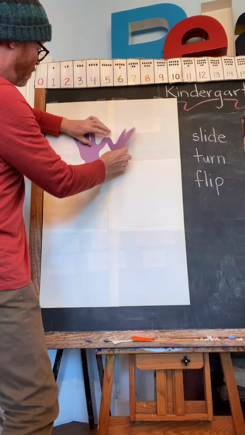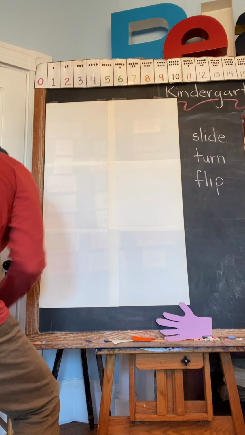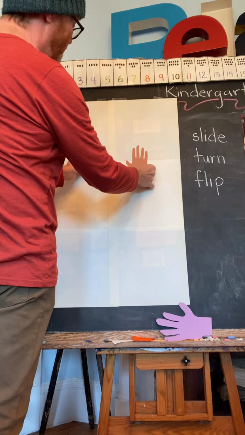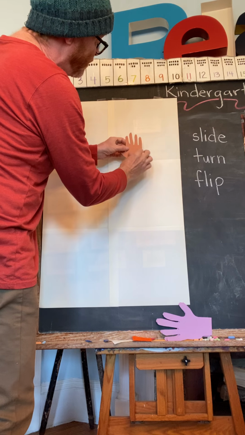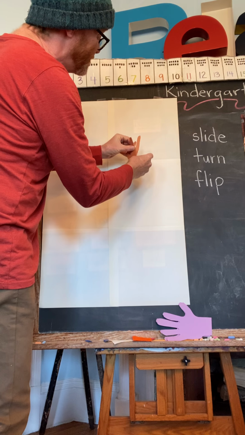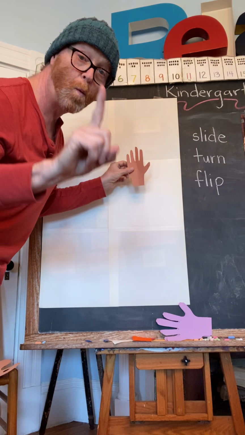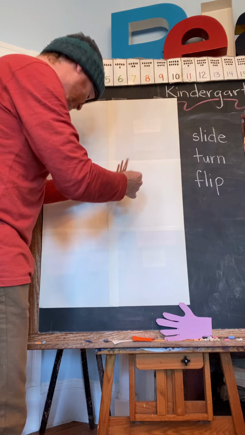But your hands all by themselves, one hand at a time, are not a symmetrical shape itself, because you can't fold a hand to make it line up with itself, because you've got the thumb on one side.